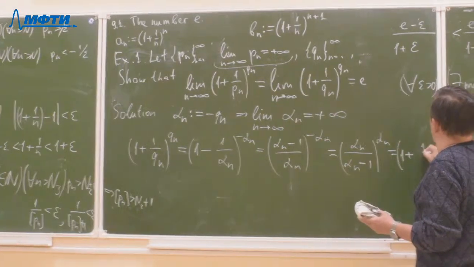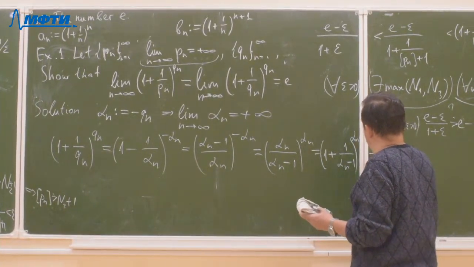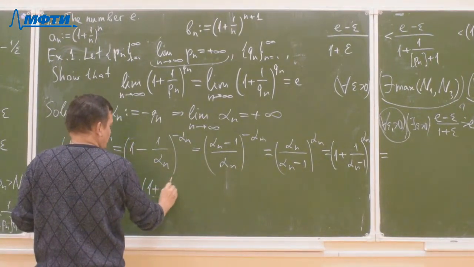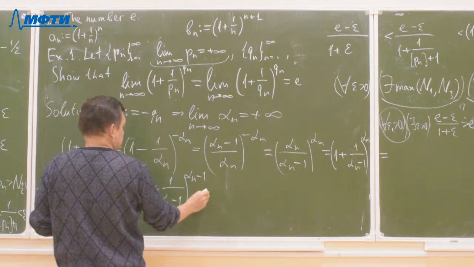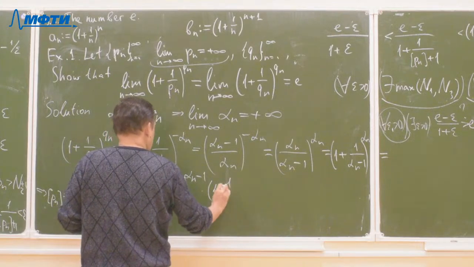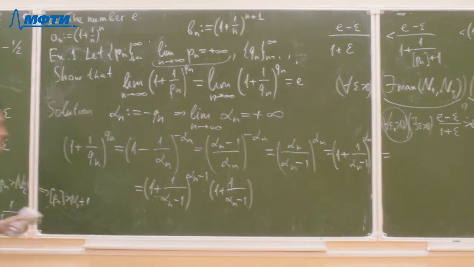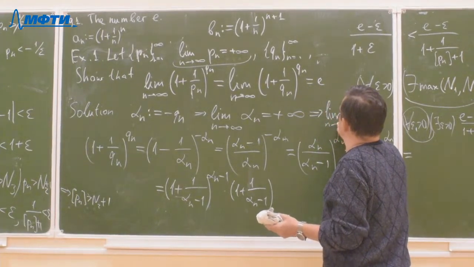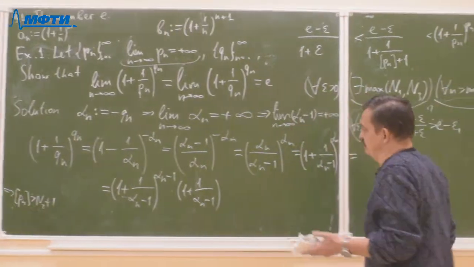And that is (1 plus 1 over (alpha n minus 1)) to the power alpha n, and let me rewrite it as (1 plus 1 over (alpha n minus 1)) to the power (alpha n minus 1) times (1 plus 1 over (alpha n minus 1)). So if alpha n goes to infinity, then alpha n minus 1 goes to plus infinity as well.